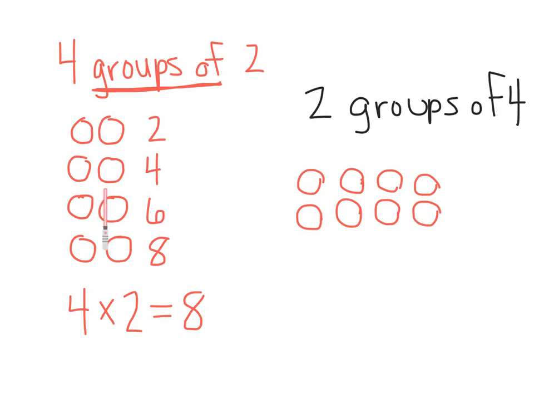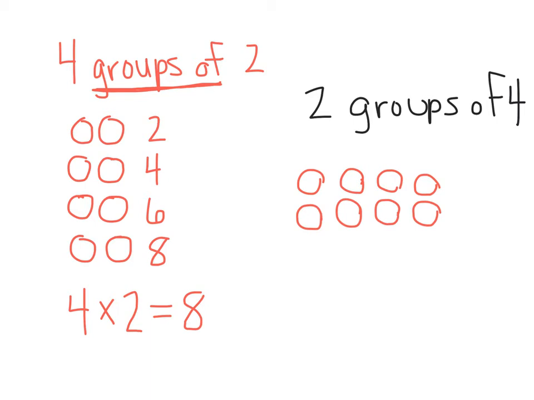In the first array, the 4 represents the number of rows. But in the second array, the 4 represents the size of the row. The 2's show rows in A, in my first array, but it shows the columns in B. So my factors, even though they're the same exact numbers, switch places and they trade meanings, but the total still stays the same.